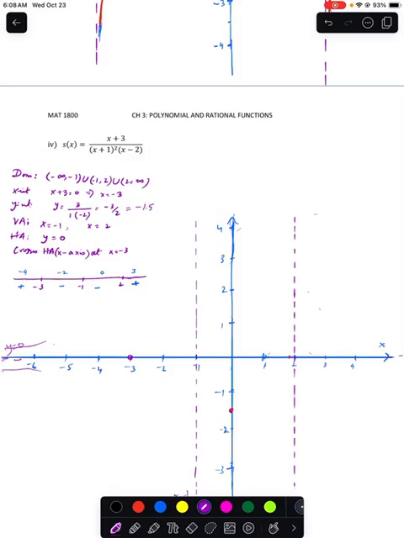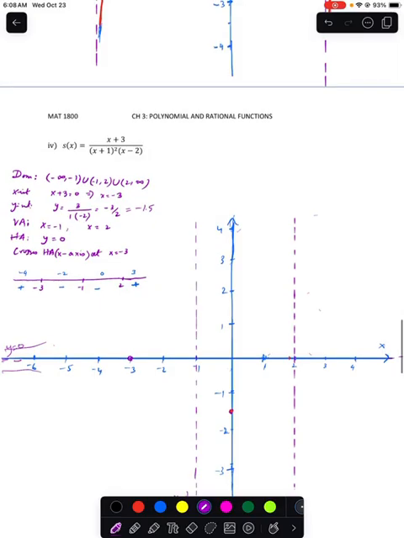So if we look at our sign chart, this is saying that the graph will be positive. Positive until when? Positive until -3. So -3 is over here, and -3 was the x-intercept. So it means it is going to cross.